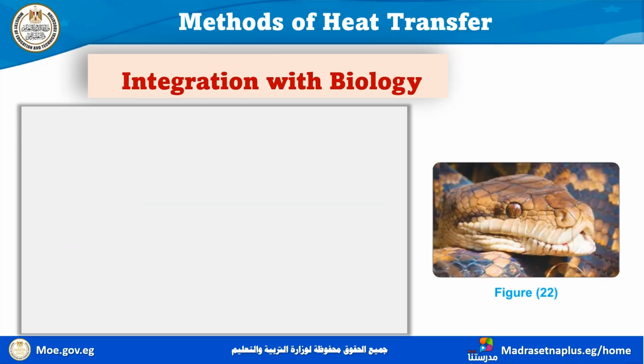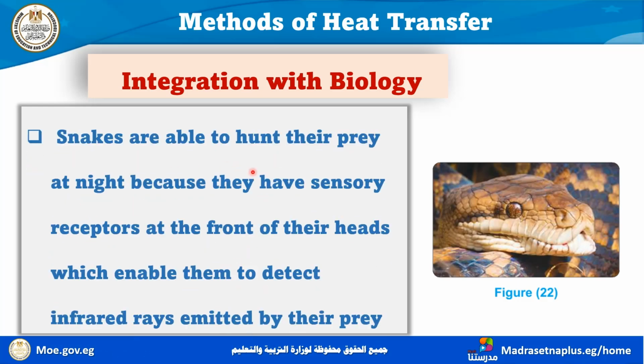Let's study this topic. It's an integration of science with biology. It's about the snakes. Snakes are able to hunt their prey at night because they have sensory receptors at the front of their head. Here, in the front of the head of the snake, there are sensory receptors that enable them to detect infrared rays emitted by their prey.